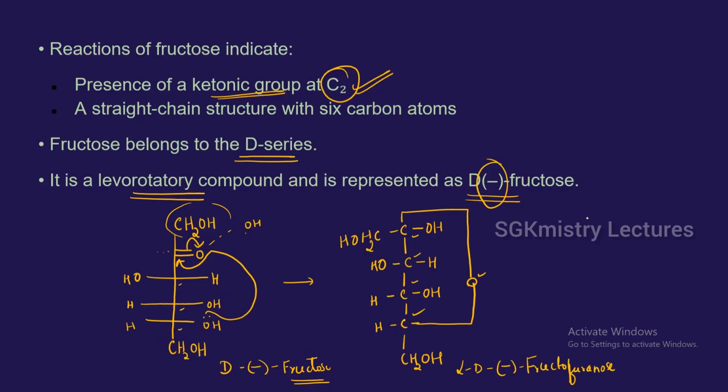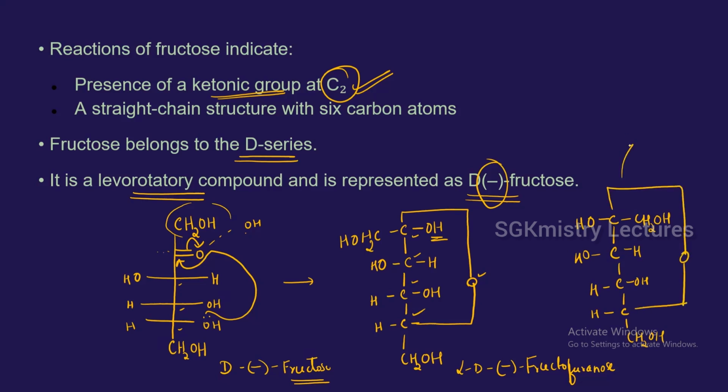So next, this OH can be on the right, CH2OH can be on the left. So I can write it as here OH, CH2OH, here H. Then these things remain the same, CH, OH, here COH, H. All the other configuration around the other carbon atoms remains the same.